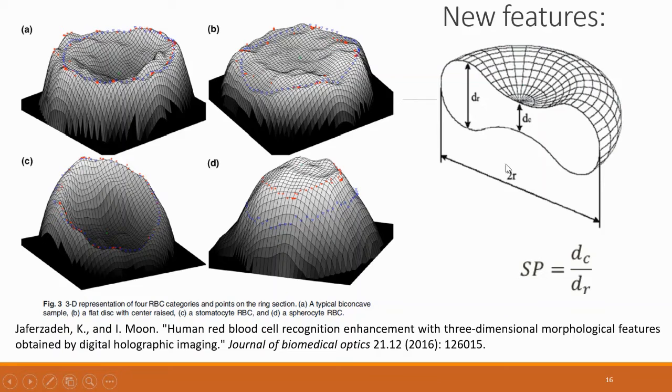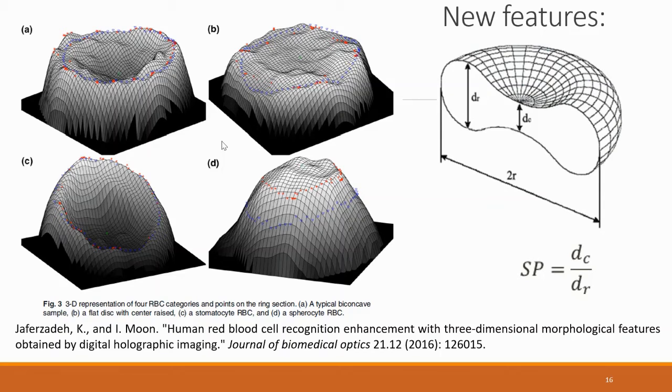And another feature is this one which we use here. We divide the thickness on the ring by the thickness at the center of the red blood cell. To be able to calculate this ring and the center, we project the red blood cell onto two-dimensional space, so this becomes a circular object.